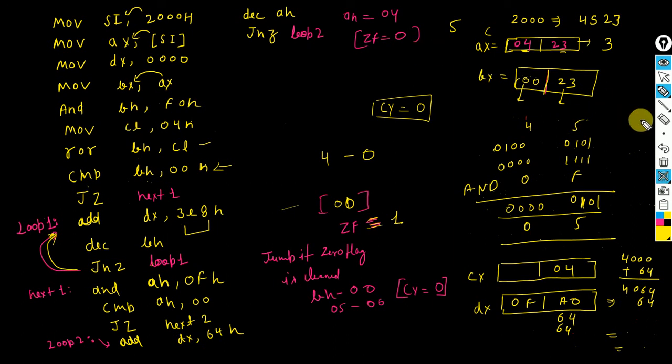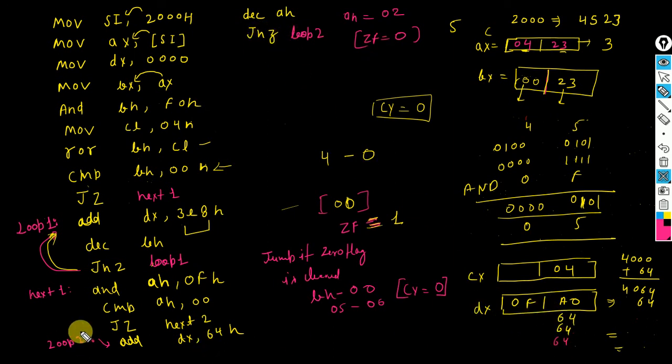So it's 03. Again JNZ, the zero flag status is 0, so the JNZ instruction is functional here. Again add 64, and again DEC AH means it's 02, zero flag status is 0. So again this loop is working here.